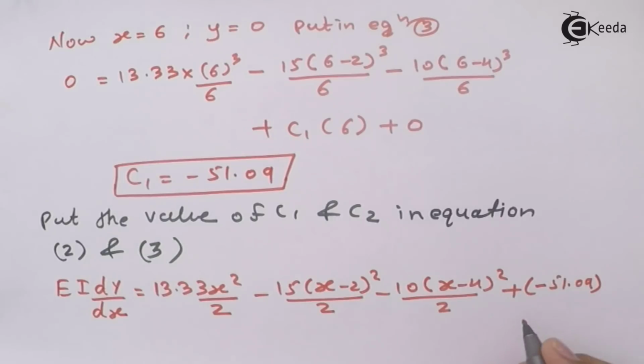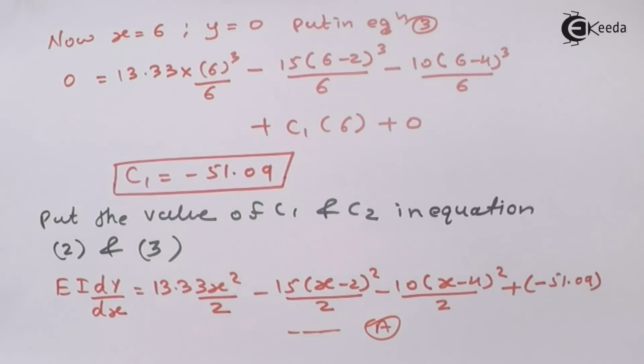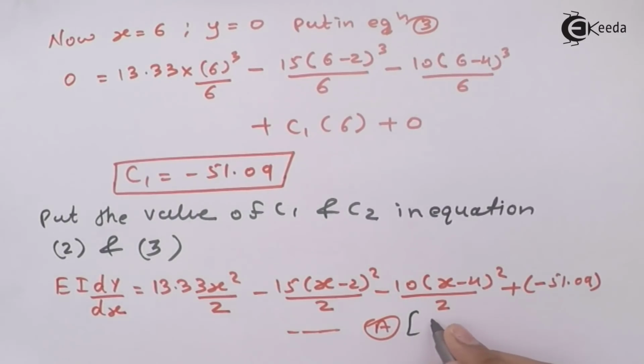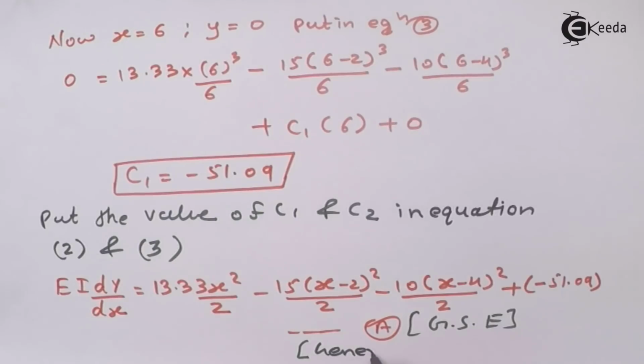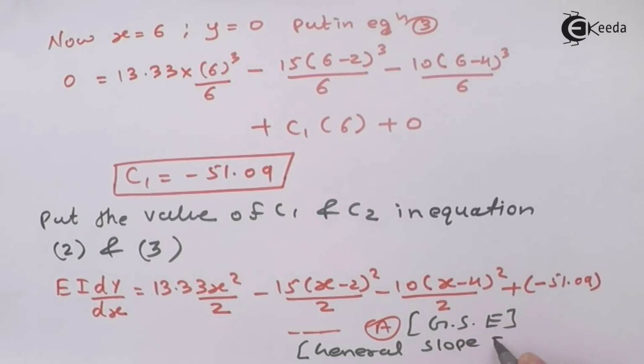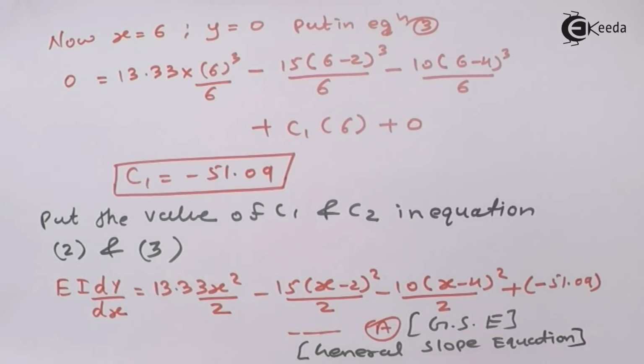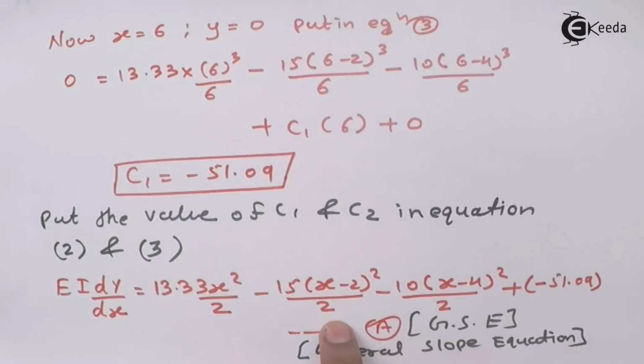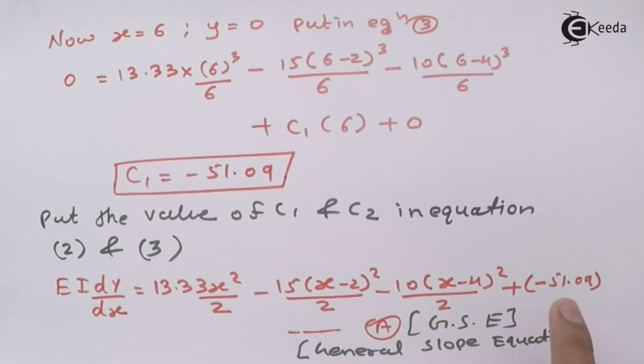Take it as equation number A. This is nothing but your Macaulay's slope equation. This is named as A.